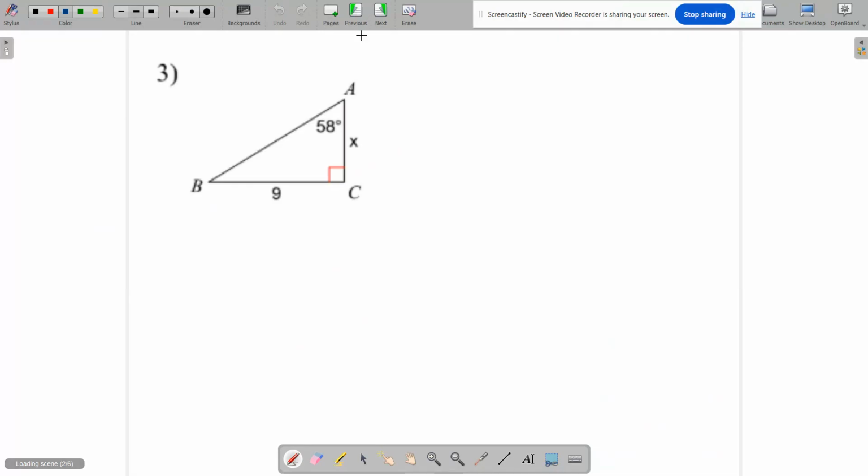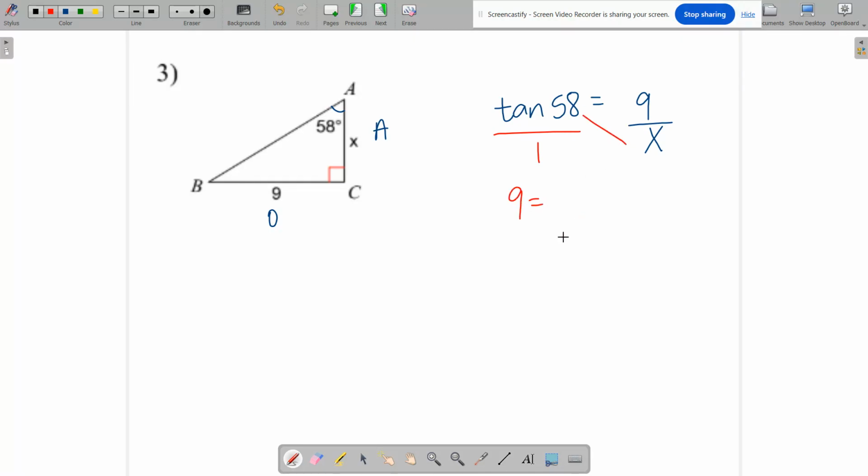A couple more. Here we have 58 degrees. Directly across from it is the opposite side, and this would be our adjacent side. So we're going to use tangent in this case since it's opposite over adjacent. So the tangent of 58 equals opposite 9 over adjacent x. Let's solve for that. 1 times 9 is 9. That equals the other cross product, x times the tangent of 58.